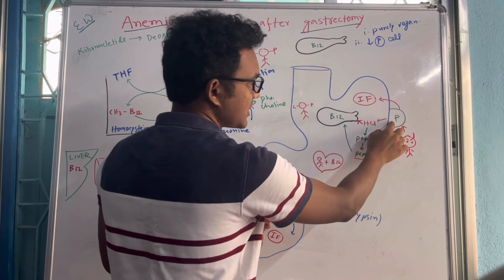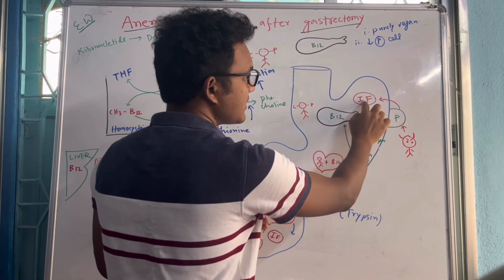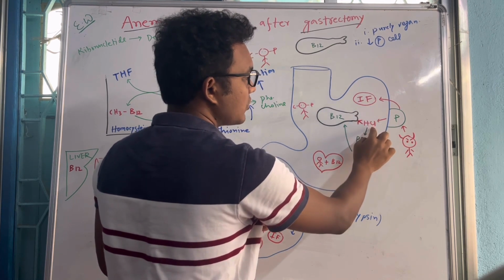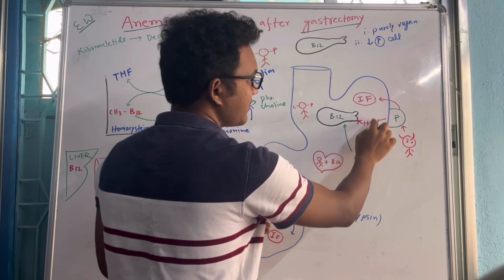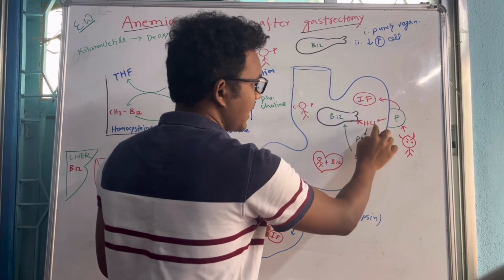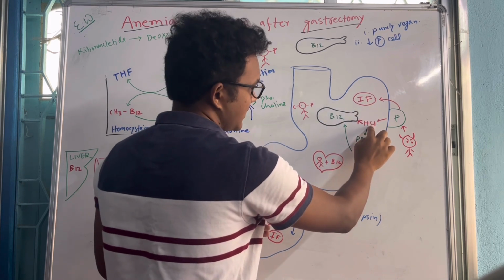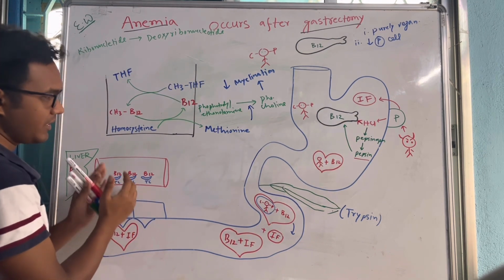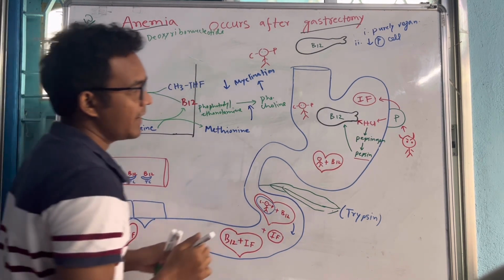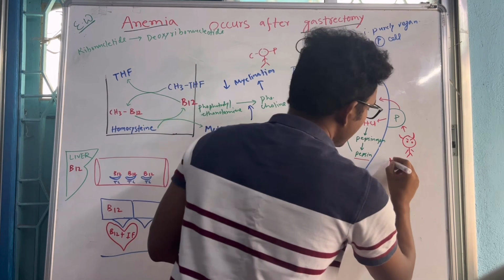So if there is destruction of the parietal cell, there will be no intrinsic factor and no secretion of HCl or hydrochloric acid. Definitely, if there is no intrinsic factor and no hydrochloric acid, vitamin B12 cannot be absorbed inside the body. This is known as pernicious anemia.